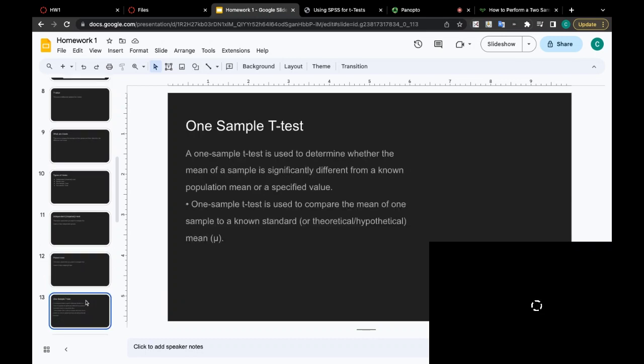Now, another thing is the one-sample t-test. A one-sample t-test is used to determine whether the mean of the sample is significantly different from a known population or specified value. It is used to compare the mean of one sample to a known standard. The little mu sign, I forgot, I don't know how to actually pronounce it. But let's go back to our little sugar cans.